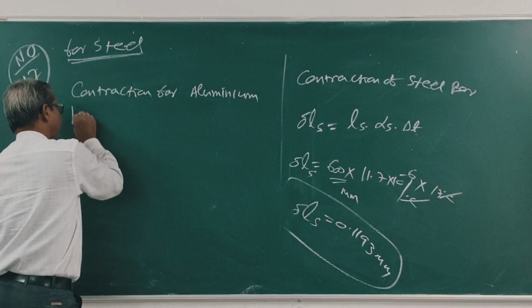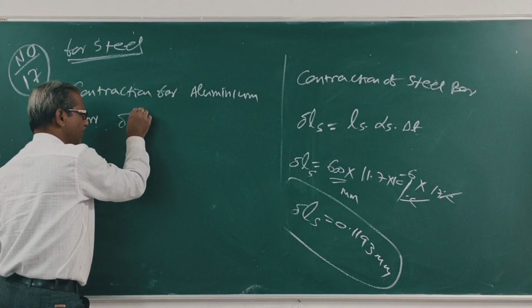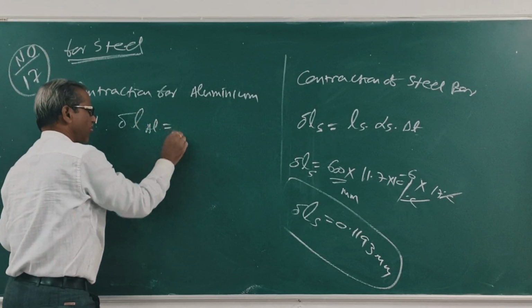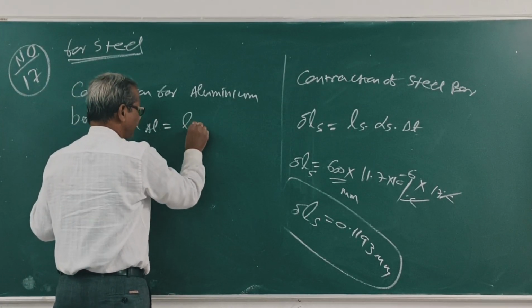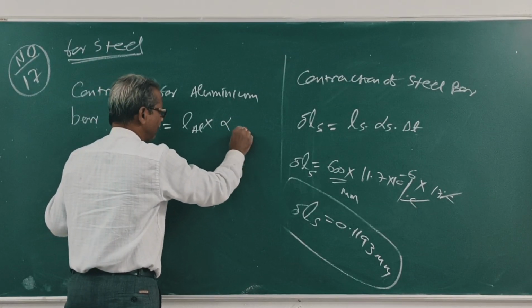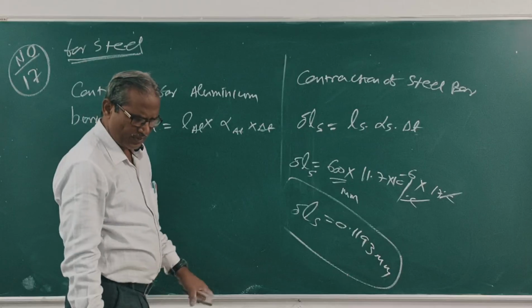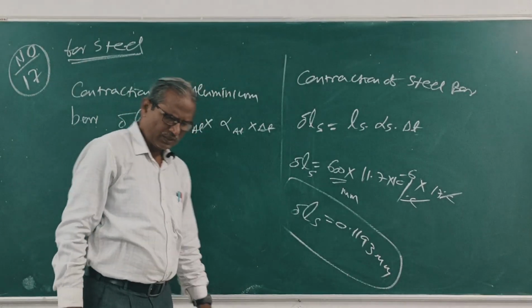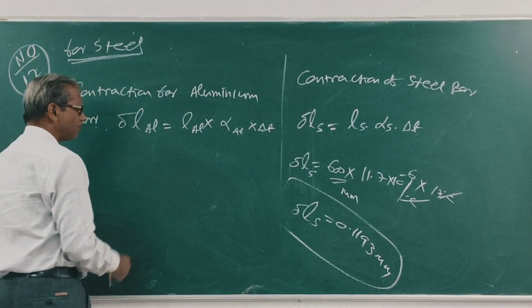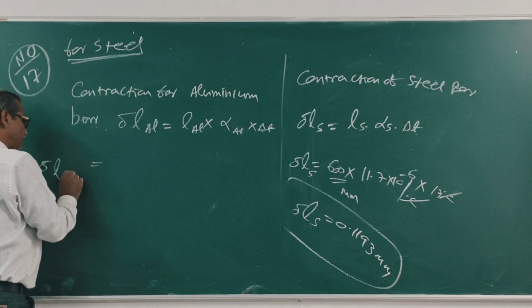Delta L aluminum is equal to L alpha delta T. Clear? Put all the values.